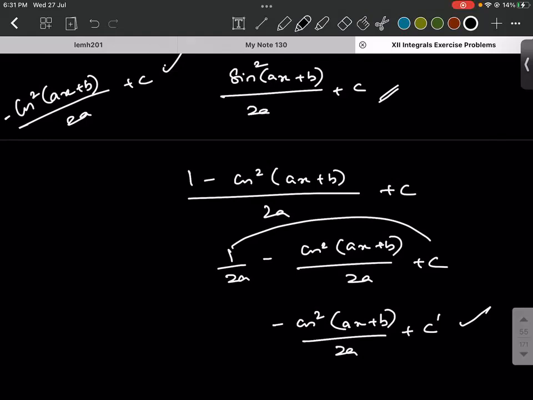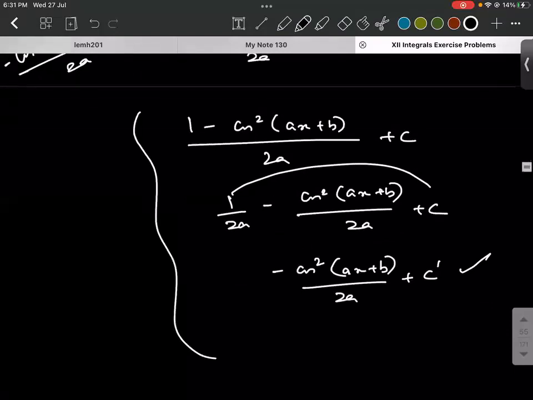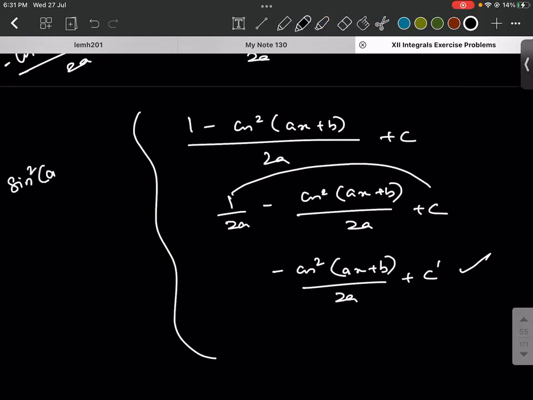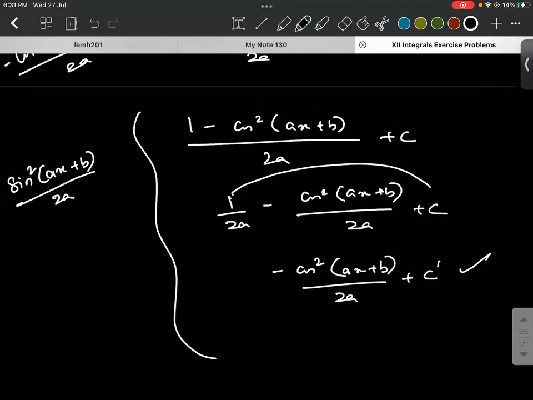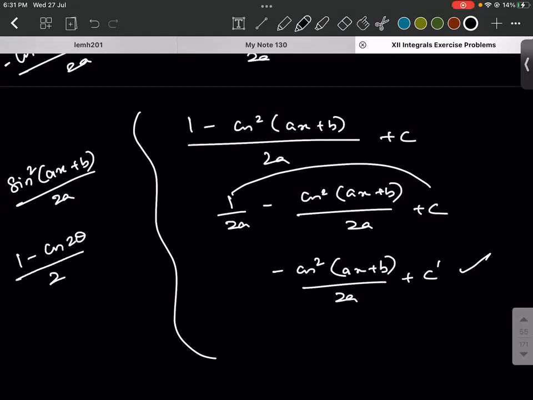The answer given at the back, minus cos 2 into ax plus b, divided by 4a, is also right. Because I got sine square of ax plus b divided by 2a. Forget about the c as of now. You can write sine square theta as 1 minus cos 2 theta divided by 2.